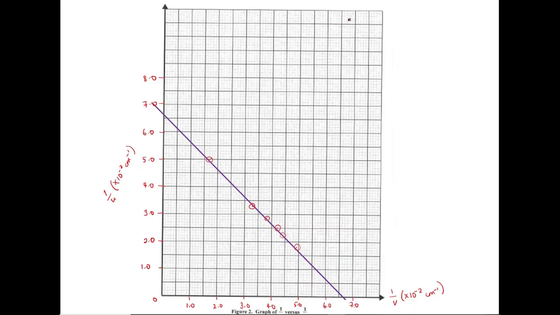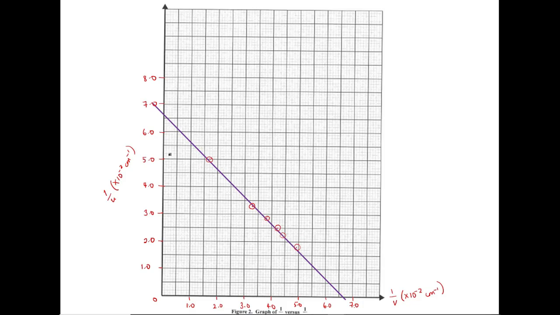So let's go. It says use the graph to determine the value of v when 1 over u is 4.0 times 10 to the negative 2 per centimeter. Well, I already went ahead and drew a straight line, because usually when you have graphs in physics, you have to draw your best fit line, and then if you have a curve, you draw your best fit curve.